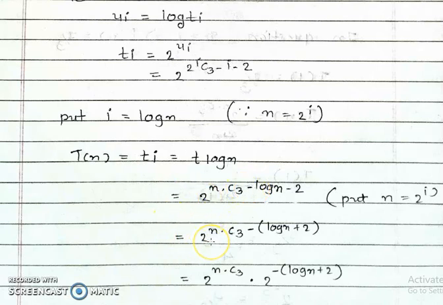Also we write in a new form: 2 raised to n into C3 minus log n minus 2. So we also write 2 raised to n into C3 into 2 raised to minus log n, times 2 raised to minus 2.